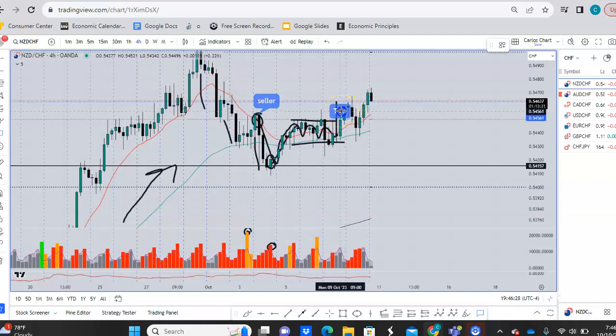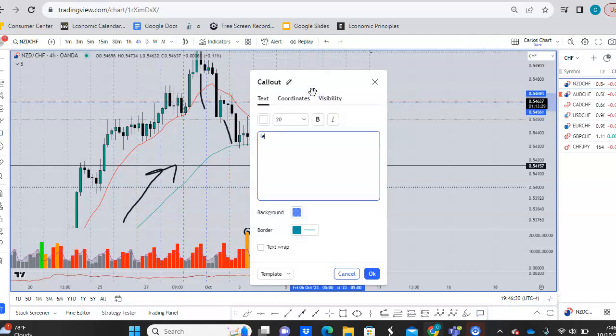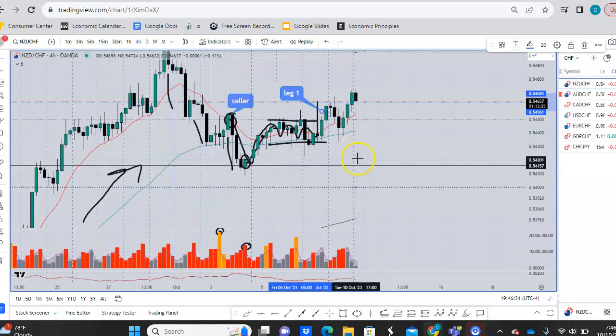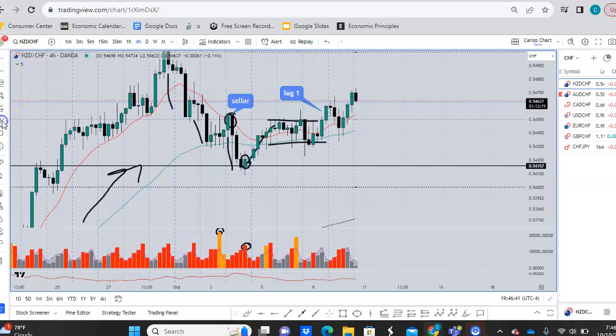So this is leg one. I'll show you what leg one is. So from here to here is leg one. All this is leg one.